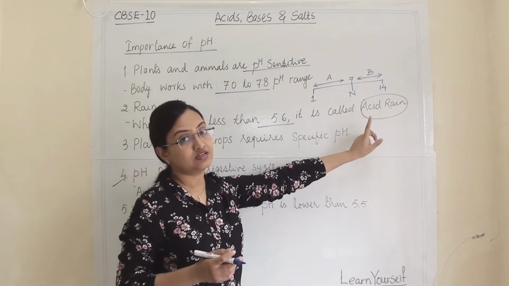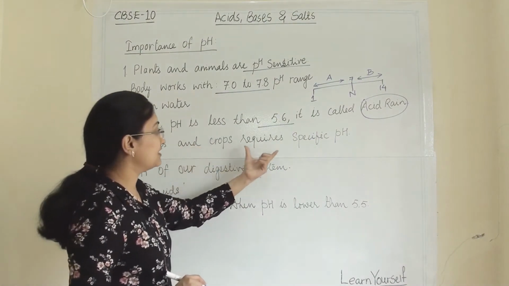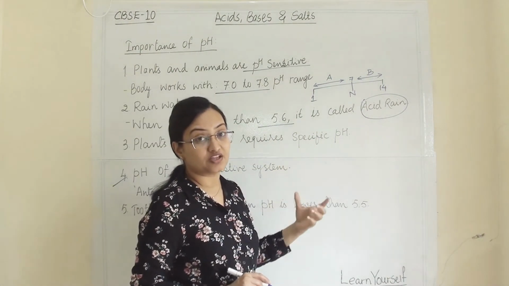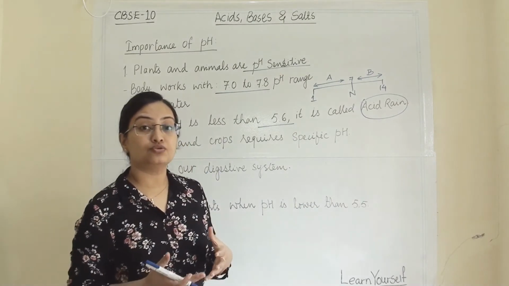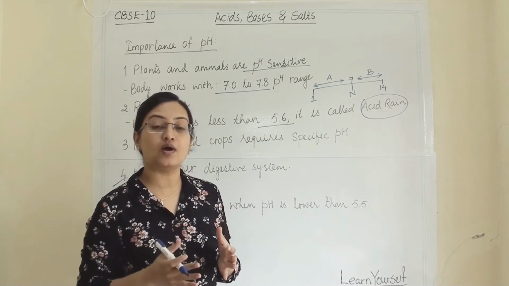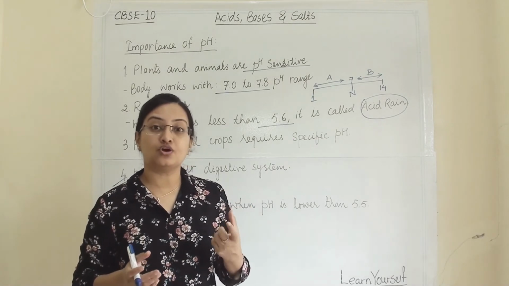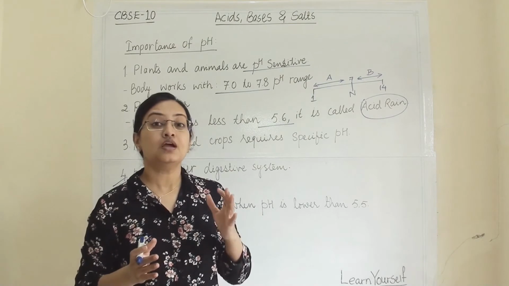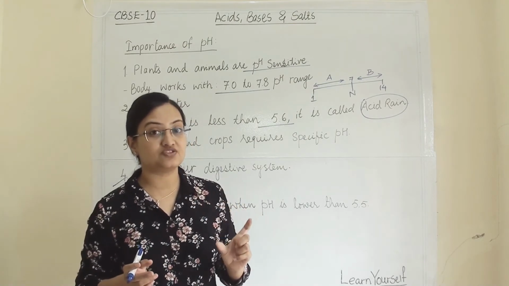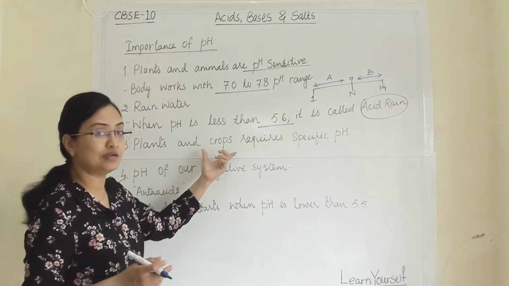Third point is plants and crops require a specific pH range for healthy growth. For the healthy growth of crops and plants, it is required that the soil of the farm or the soil of the pot should have a specific pH range. Then only will it give healthy growth to plants and crops.